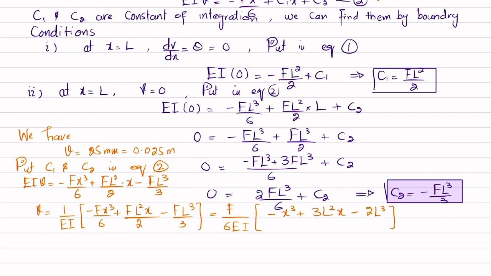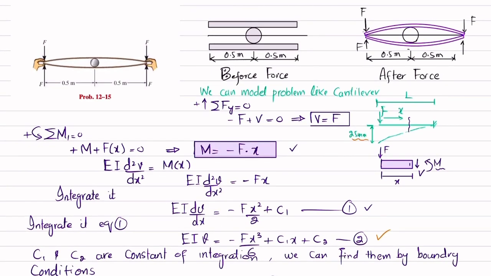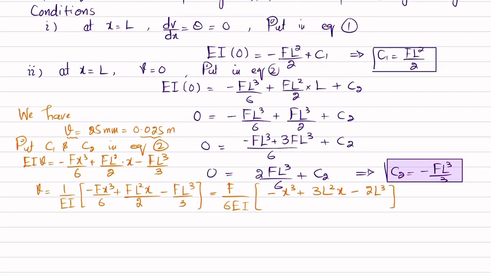Now we have V deflection is given as 0.025 meter. Over here you can see this is the deflection V. So you can just put V is equal to 0.025, and as V is downward, it will be minus.